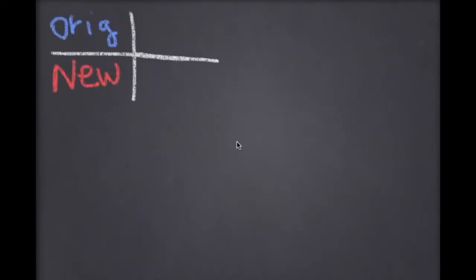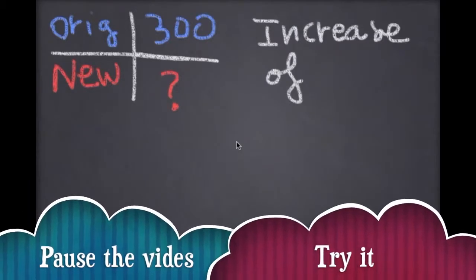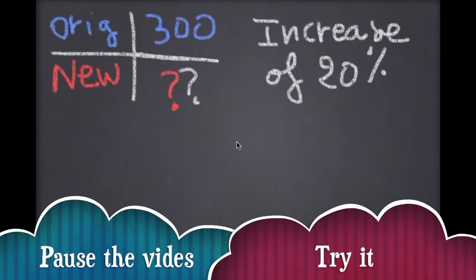Another example. Given the original 300, find the new after an increase of 20%.